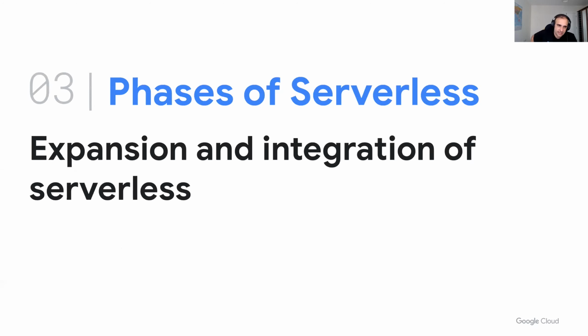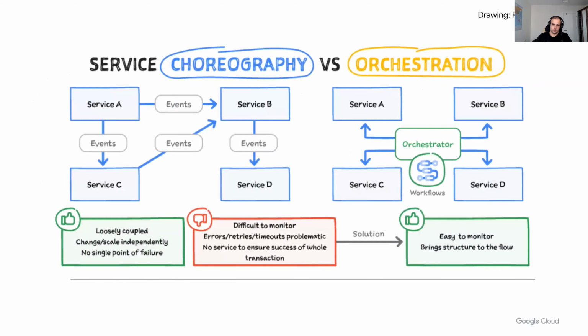And now in the last stage of serverless, I think what we are seeing is basically serverless expanding and integrating with what we already have. So let's take a look at this last phase that we're in right now. When you have a few services running, at some point you need to figure out, okay, how do I get these services to communicate, and how do I get them to cooperate for a common goal?